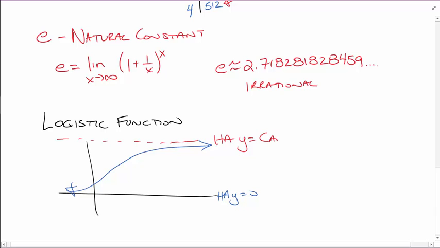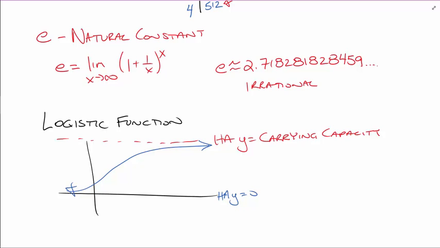That top is going to be called the carrying capacity. A logistic function does not increase limitlessly like a normal exponential function does. It's bounded by that carrying capacity. This is an important note because most populations will not increase forever at an exponential rate. There will be some cap, and that's what this carrying capacity is.